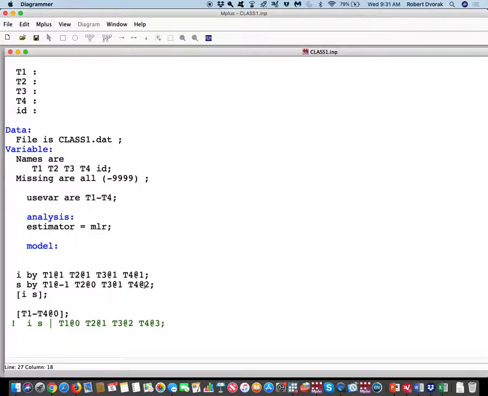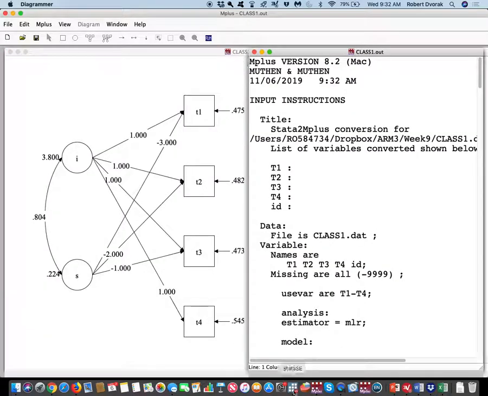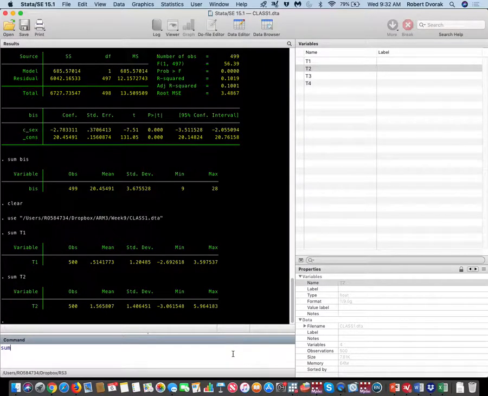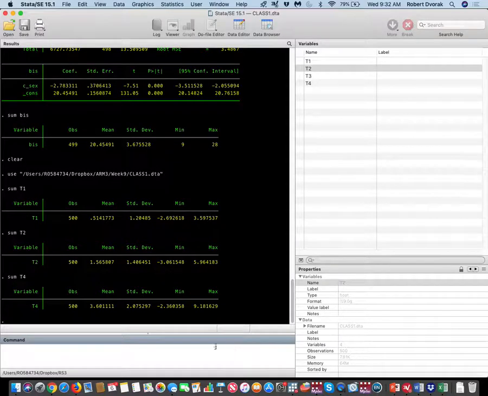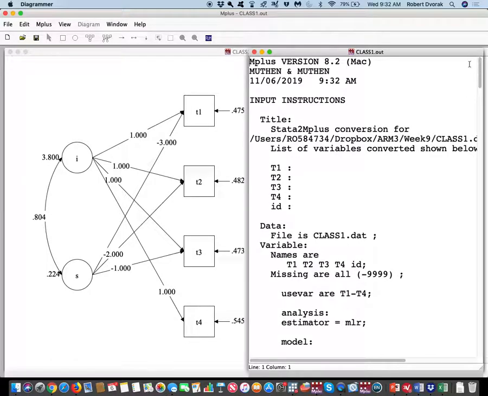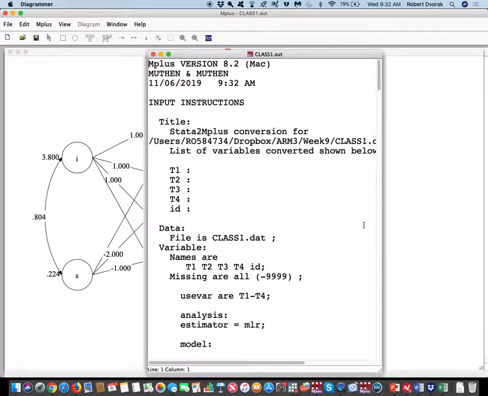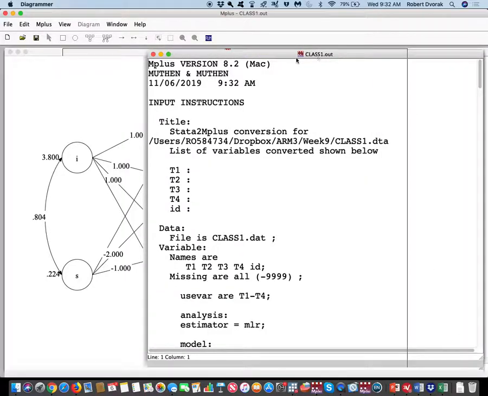Let's change this to 0, -1, -2, -3. And now our intercept is going to be what? Sum of time 4, so it should be about 3.6. What is our slope going to be? Yep, we've recentered the slope, but it will not change.